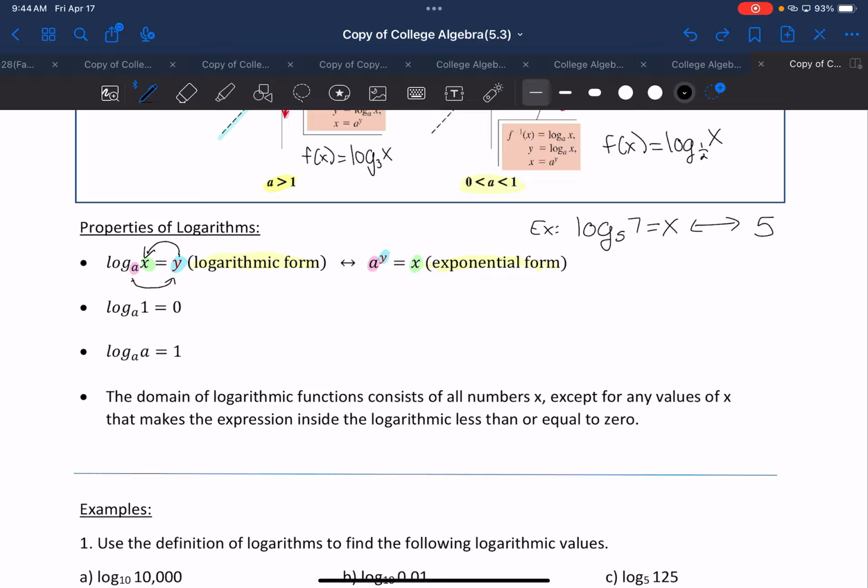That's pretty convenient. Then you go up and raise it to the exponent of x, whatever that log function's equal to. Then you go back over the equal sign, and it's equal to what's inside the log function, which is 7.